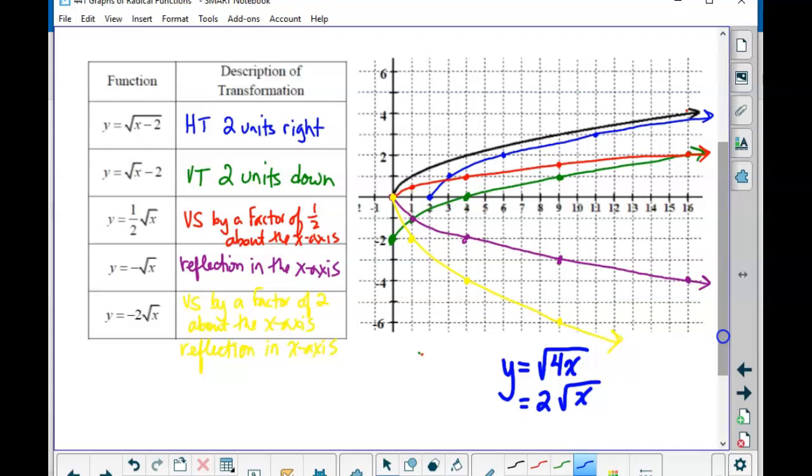So with radicals, you can actually always show it as a vertical stretch, which is really mostly what we've learned. In Math 30, you'll do more, all horizontal, vertical, all that kind of stuff. So just realize a horizontal stretch can be a vertical for a radical function, and for a quadratic, because of that symmetry that they have. But you're not going to have to worry too much about that, all right?